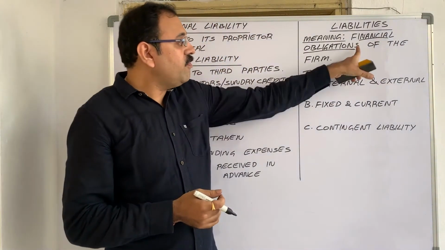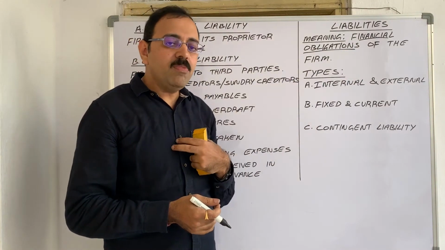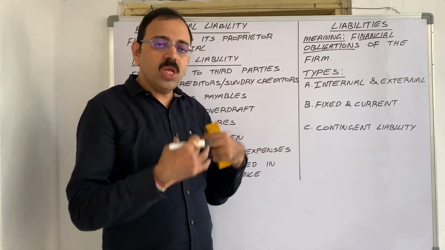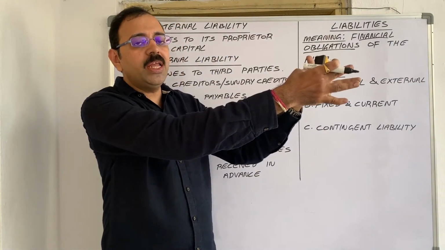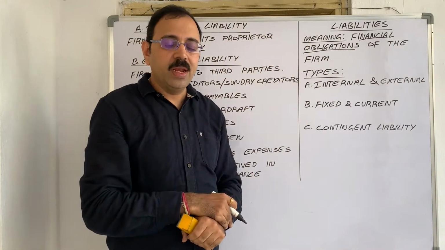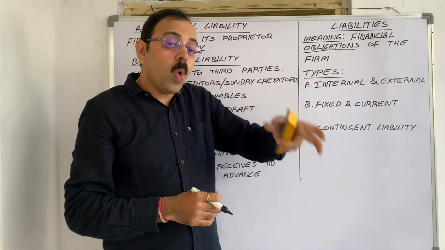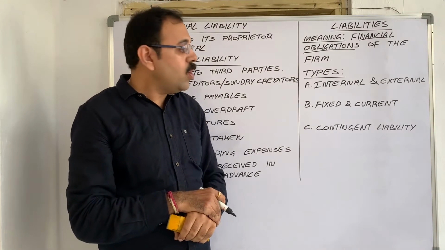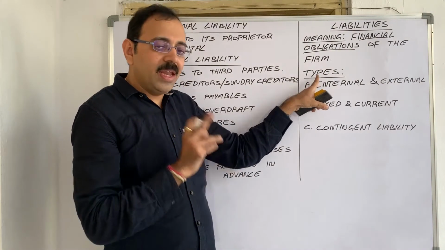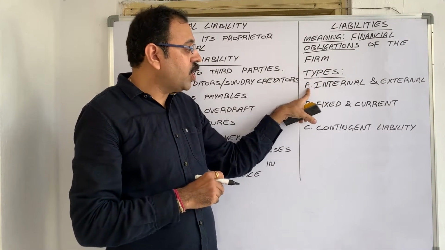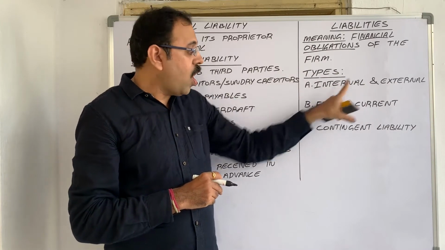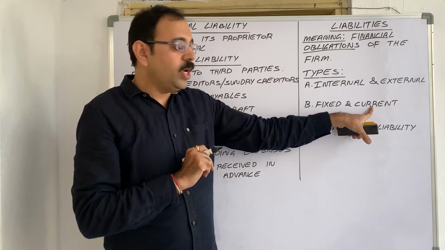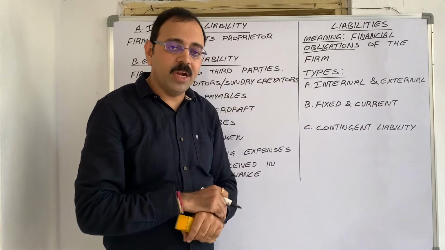So the meaning of this sentence is, if the firm has to pay any amounts to others, then that responsibility of the firm is known as liability. Nothing but if the firm owes to others, it is called liability. Now liabilities are divided on the basis of source, on the basis of time, and another type of liability is also there, that is contingent liability.